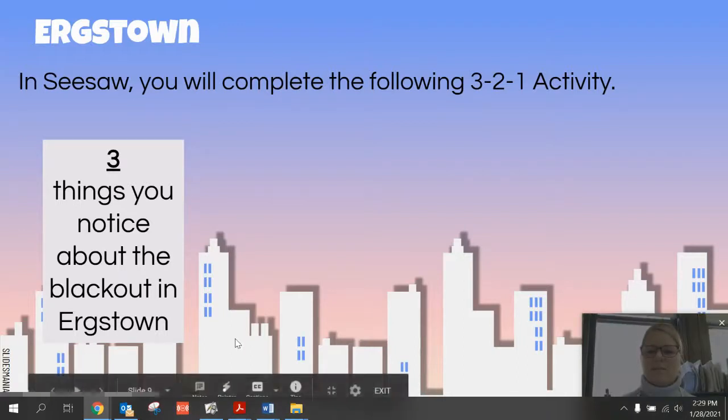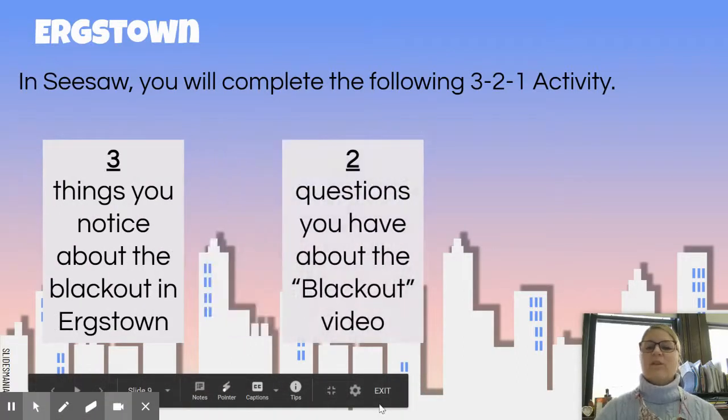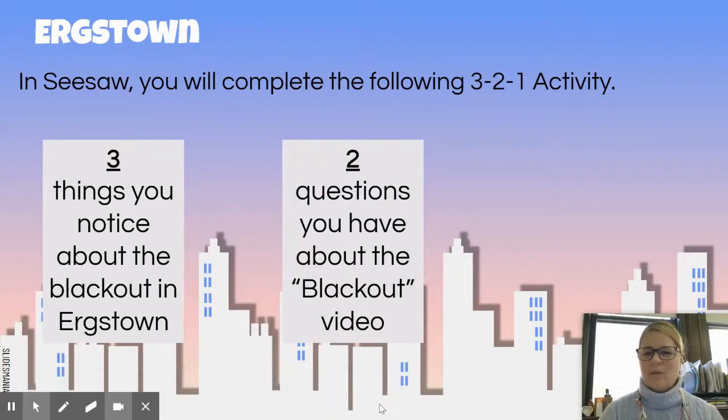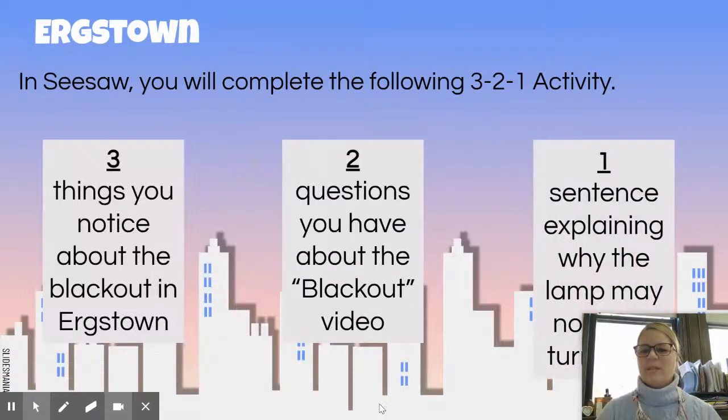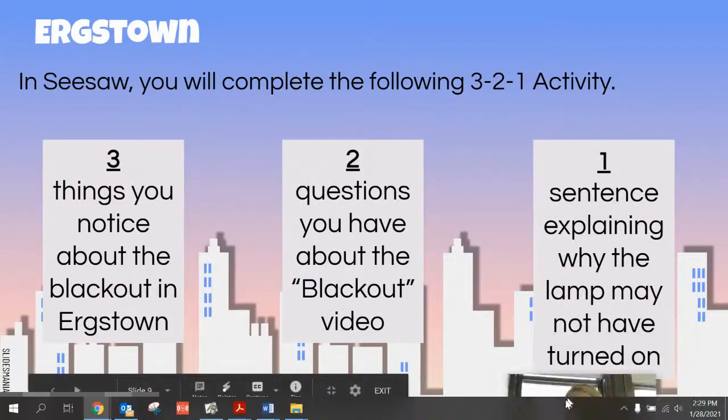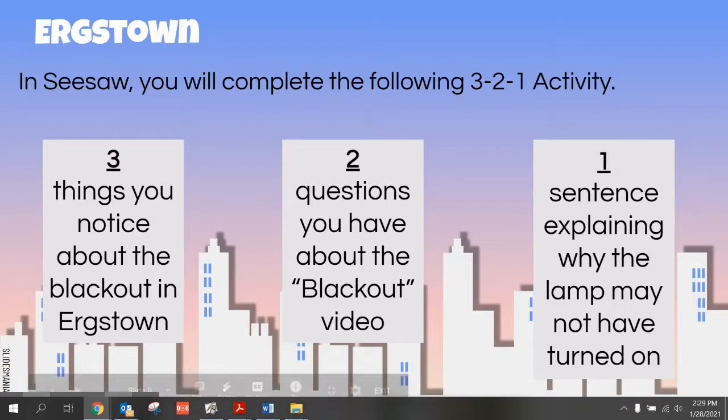Then two questions you have about the video you saw, where you saw the lights go off for a little while and come back on. Two questions. And last but not least, one sentence explaining why the lamp may not have turned on. So one complete sentence. Think back to Tuesday. One sentence that talks about that lamp. A 3-2-1 activity that you'll find in Seesaw.